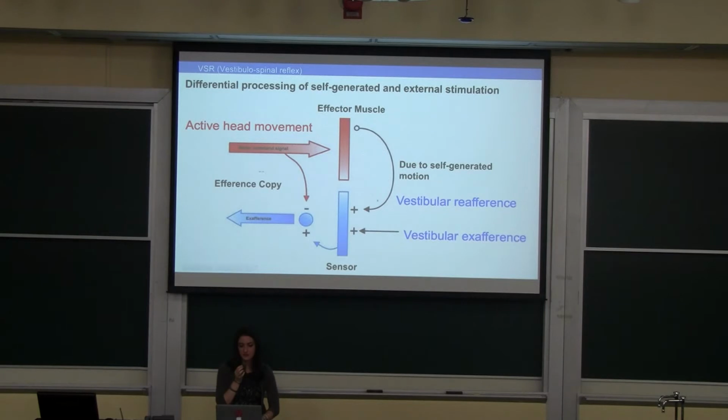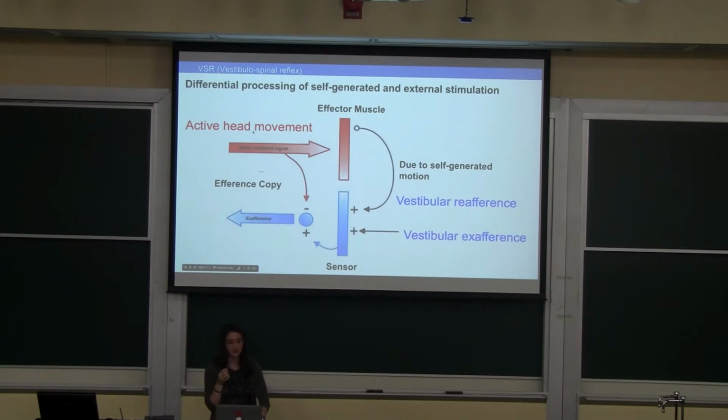Okay. So the next topic that was covered is how we process self-generated versus external movement. Basically, when you actively move versus when you're sensing movement that's coming from outside your body, you process these differently to compensate and only encode what is actually applied to you versus what you're sensing due to your active movement.